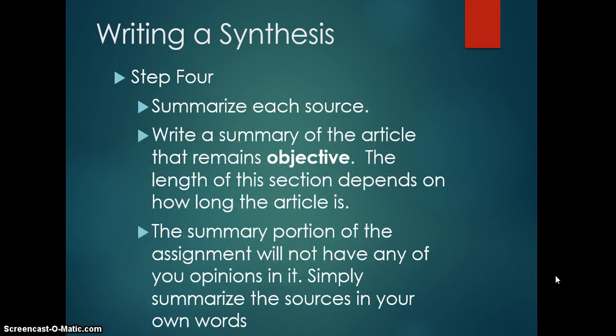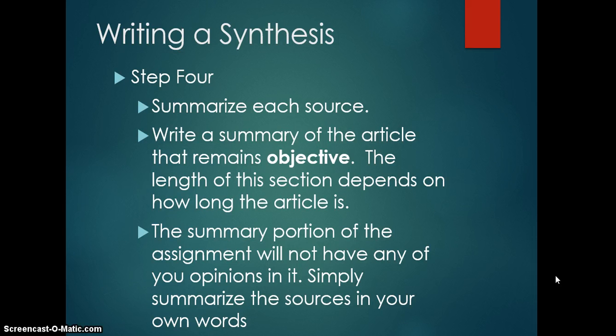Step 4, just like the summary exercise, you're going to summarize each source. So you're going to read them and you're going to get an overall view of those sources in your own words. In this section, you are not going to give any of your personal opinions at all. You're going to use only your words and information from the article.